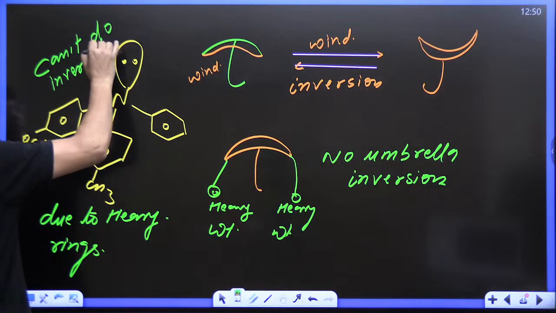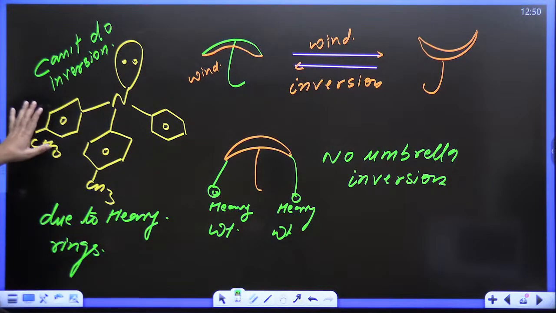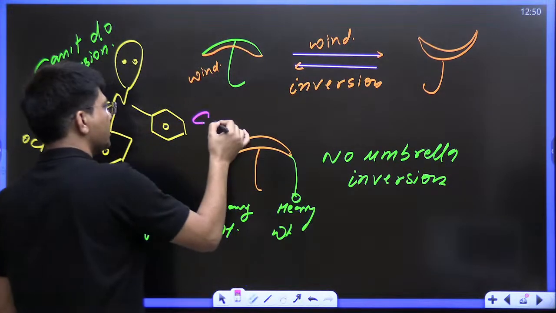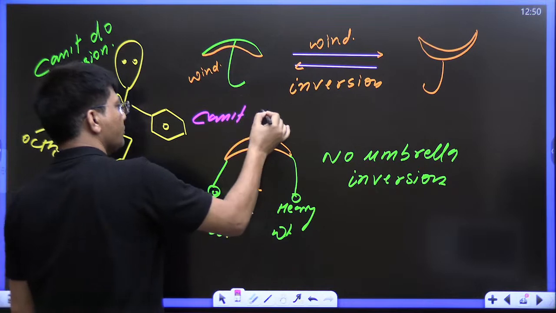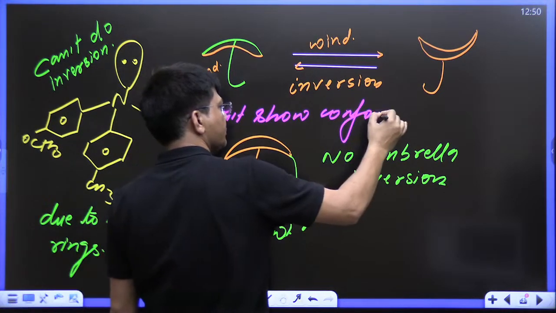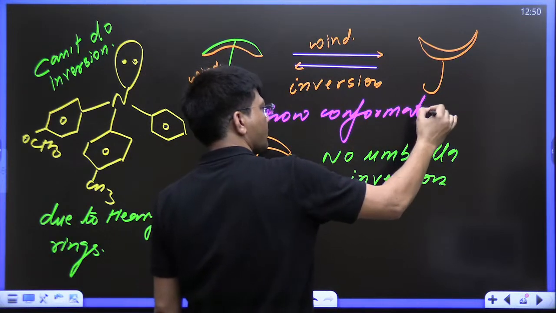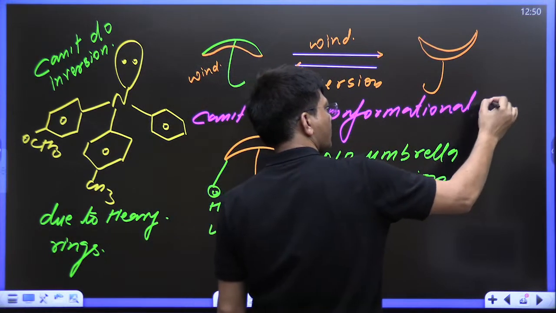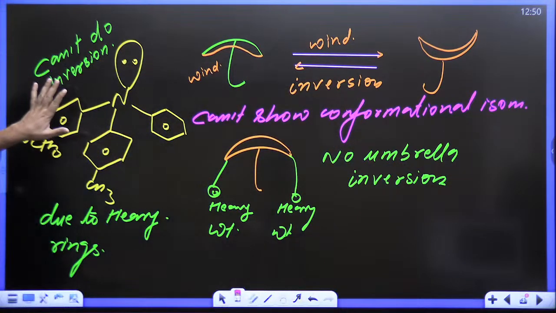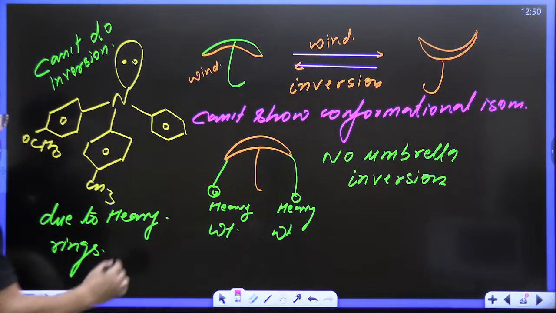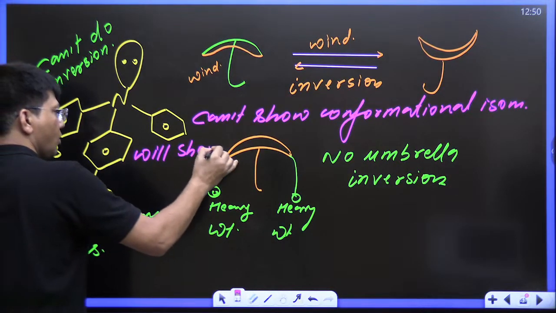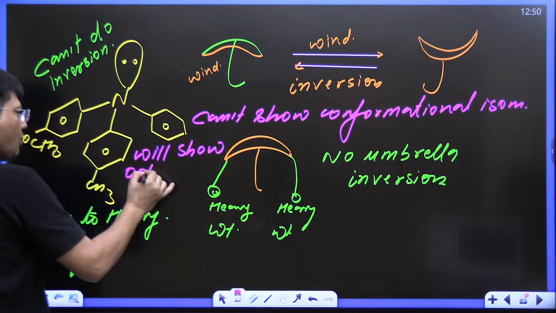Can't do inversion means can't show conformational isomerism. So this can be separated and will definitely show optical isomerism.